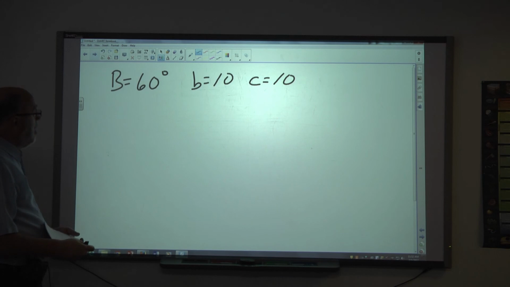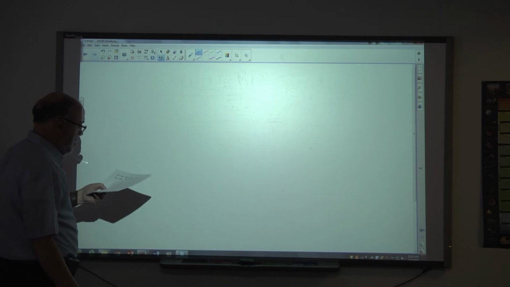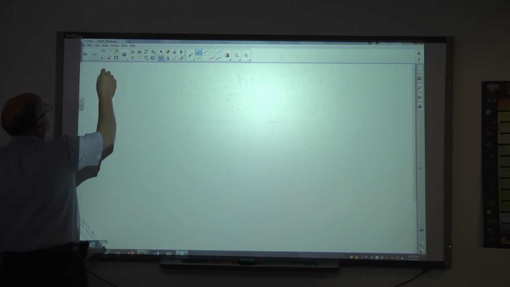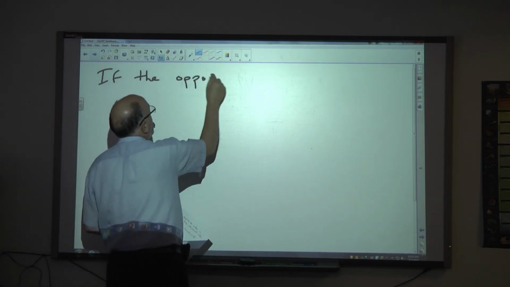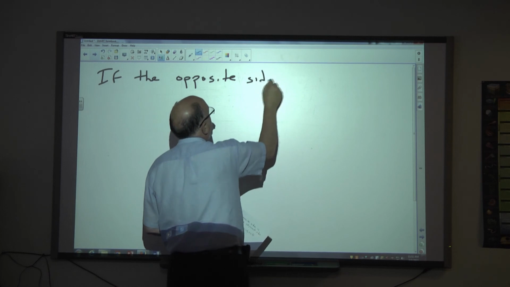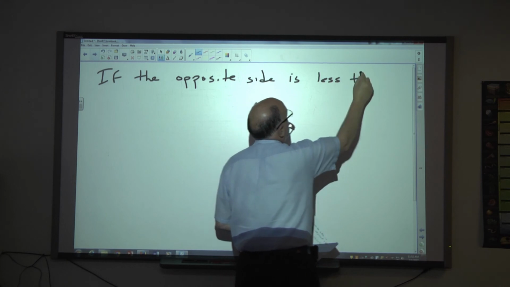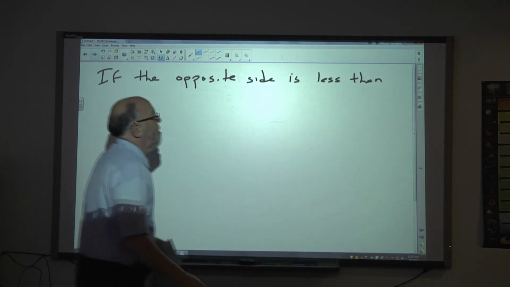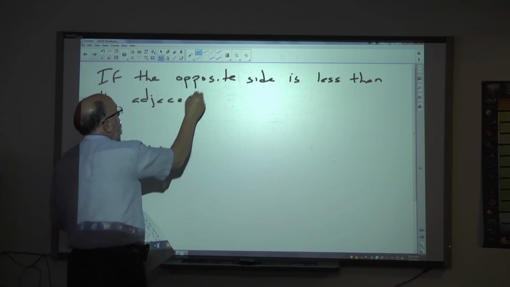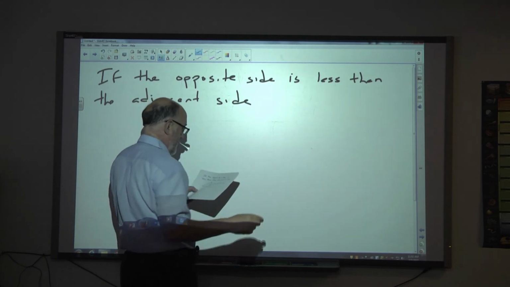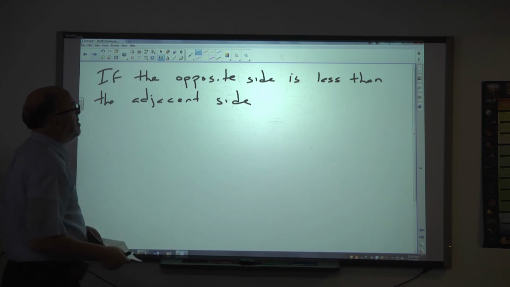Okay. But given a lot of sine questions, there is something that you have to take into account. That is if the opposite side is less than the adjacent side, then there are some things that could happen in terms of outcomes here.